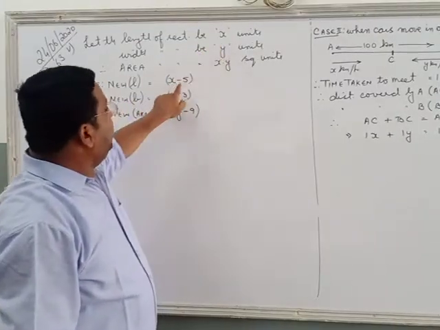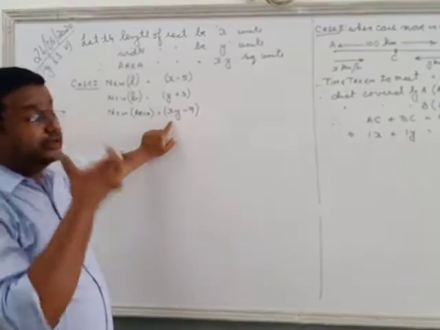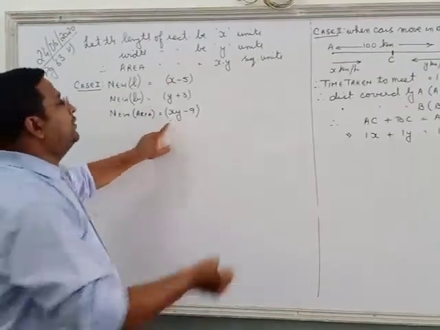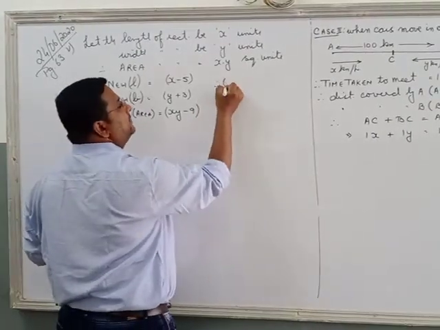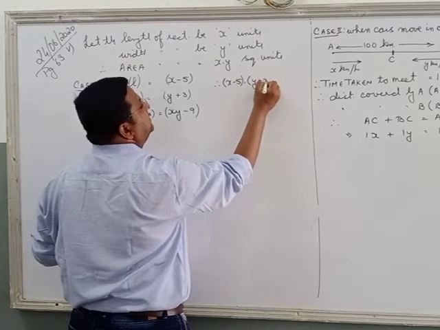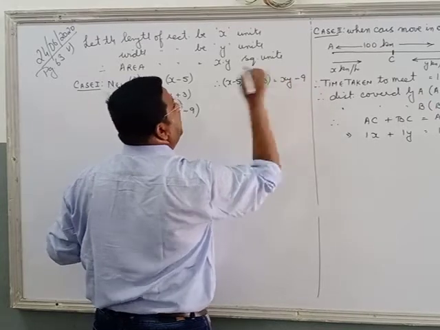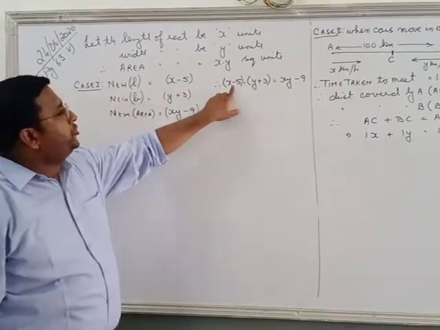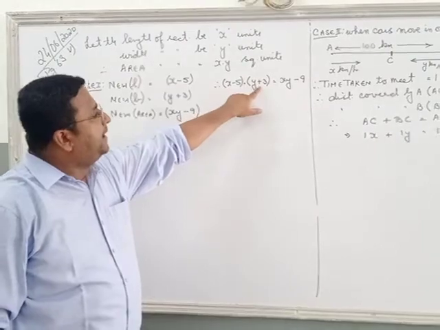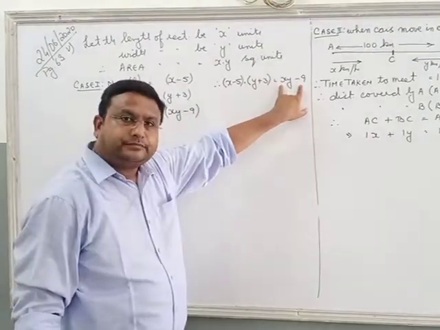Change in original length, change in original breadth, so definitely there will be a change in the original area. So we know the formula: length x minus 5 multiplied by breadth y plus 3 is equal to the area xy minus 9. Yes or no? New length multiplied by new breadth is equal to new area.